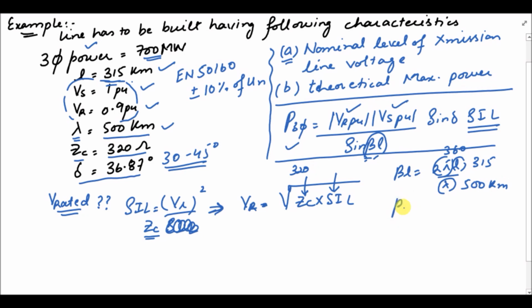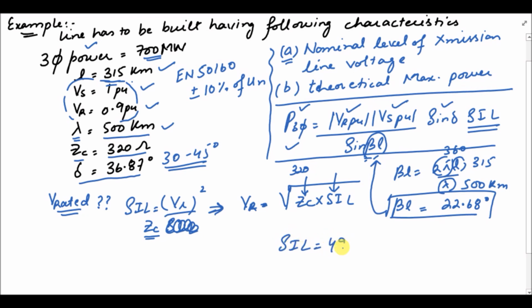So this will give you the value of beta L, which is equal to 22.68 degree. You will use this in this denominator. And now you already know all the variables in this equation, so you can easily calculate the surge impedance loading value, which will be equal to 499.83 megawatt.